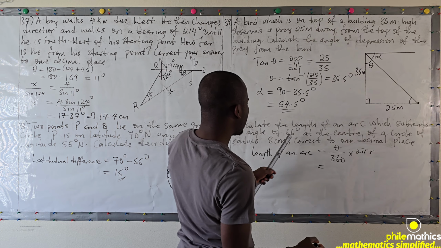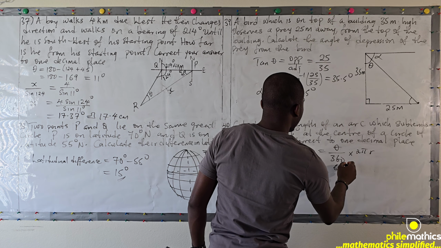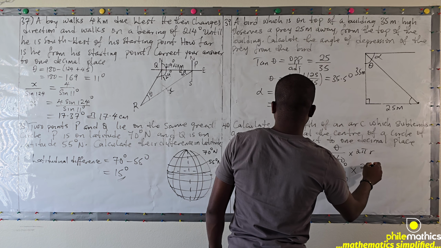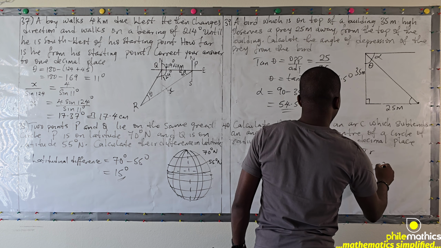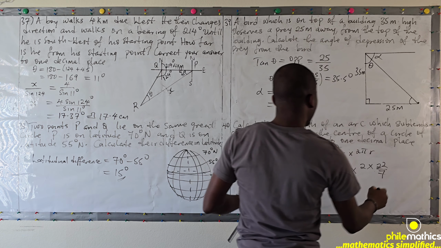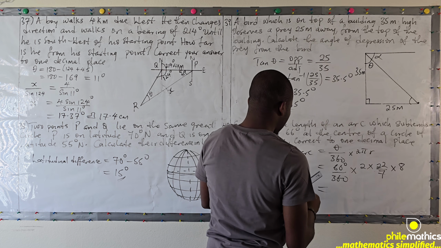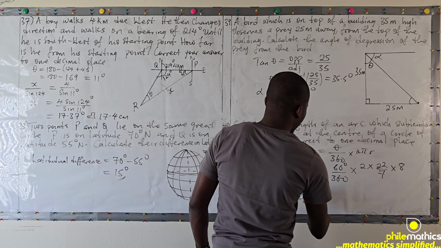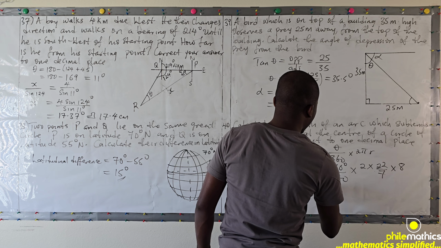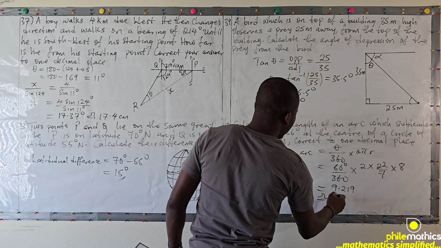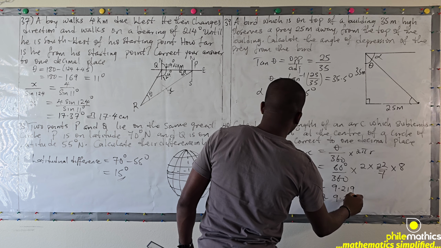We are told that it subtends 66 degrees, so 66 over 360 times 2 times 22 over 7, and radius is 8. If we do this on our calculator, we'll get 9.219, and to 1 decimal place is approximately 9.2 cm.